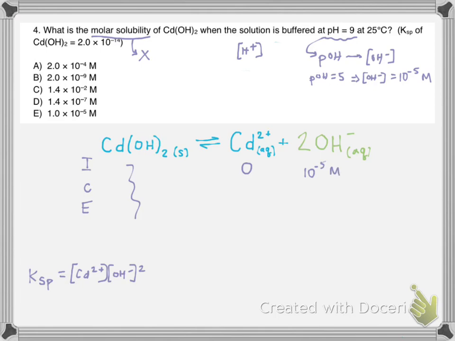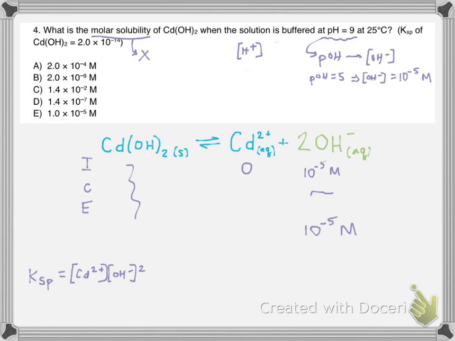That concentration is coming from somewhere else, so we don't need to worry about the stoichiometry. That's coming from the buffer keeping the pH constant, which means we're keeping our hydroxide amount constant. So I'm also just going to say there's no change for the hydroxide. We're intentionally buffering the solution to keep pH and pOH constant. So our equilibrium concentration for this will also be 10 to the minus 5.